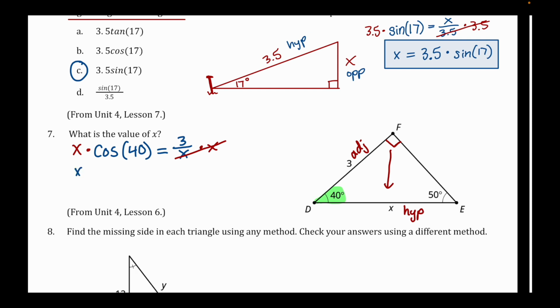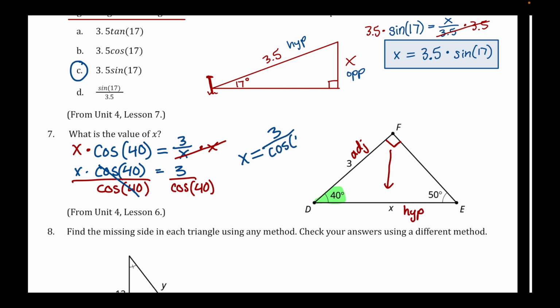We have x times cosine 40, and to get x by itself, we would have to divide both sides now by cosine 40. So x itself, because those would cancel, is going to be equal to 3 divided by cosine of 40.